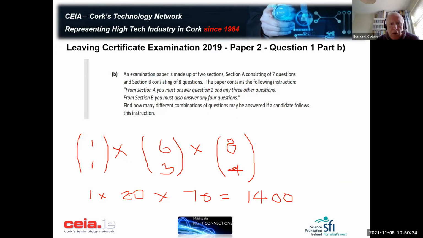You can't skip that number 1. You must answer question 1. You've no choice. It's 1 out of 1. So that's valid for an nCr. We saw that n can be equal to r. This is the example here. So it's 1 out of 1.